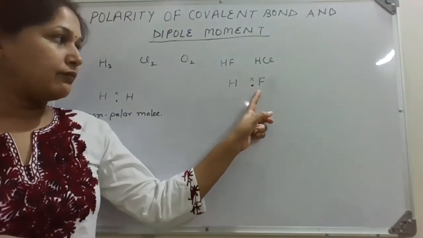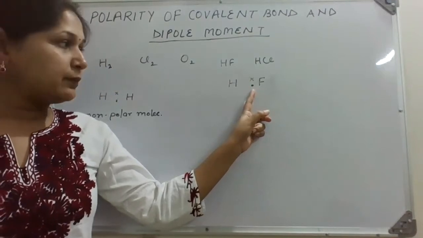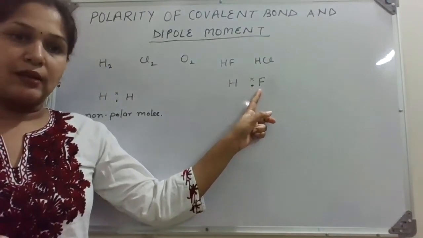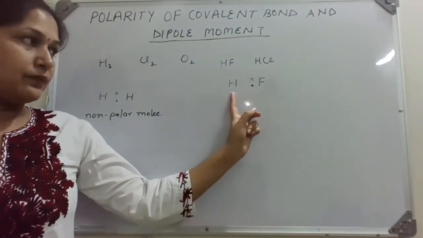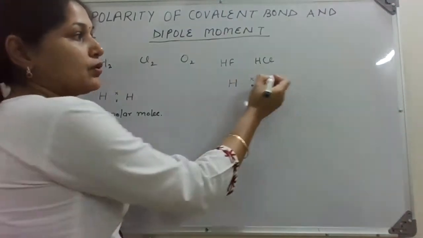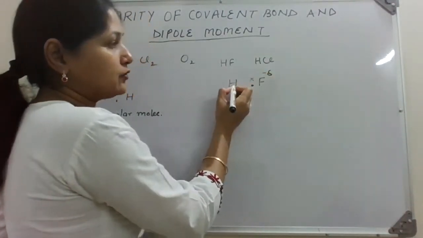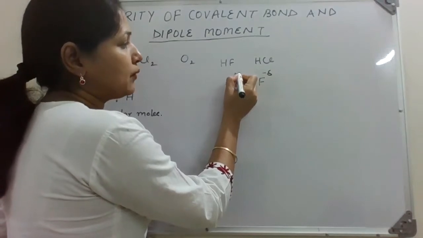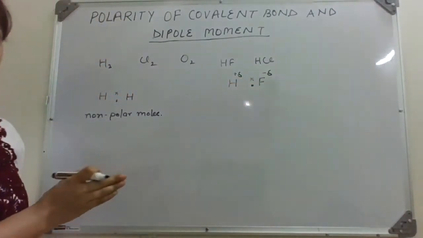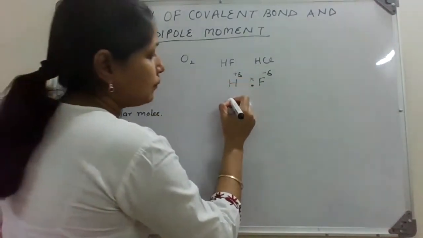So this fluorine atom attracts the shared pair of electrons more towards itself than hydrogen. Due to this, the fluorine atom has a partial negative charge and this hydrogen atom gets a partial positive charge. Such types of molecules are called polar molecules.